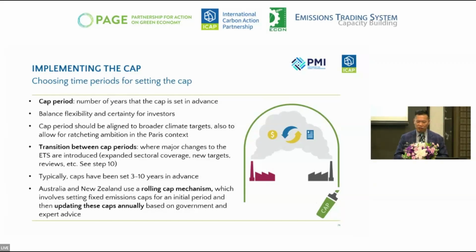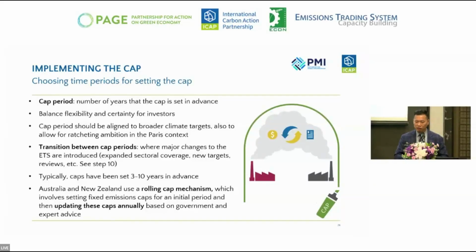And this cap period should be aligned to broader climate targets, like NDC targets and the Paris Agreement. The EU ETS also aligns with EU NDC updates. So that's the same.